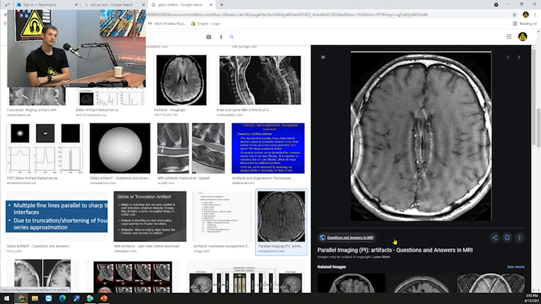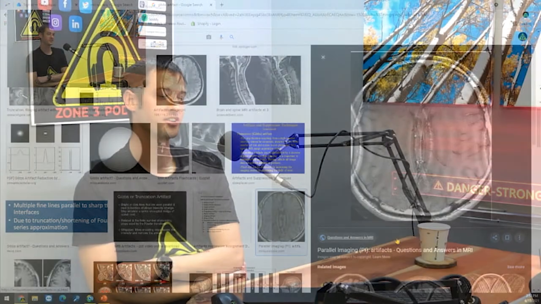It goes back to Kspace: every pixel affects everything else. If you have gaps in it, it leads to what's called aliasing. The wrap and aliasing are kind of the same thing. So you need the full sampling to get the good image, and the magic math behind parallel imaging is what unwraps it.